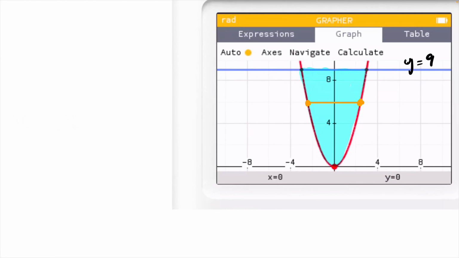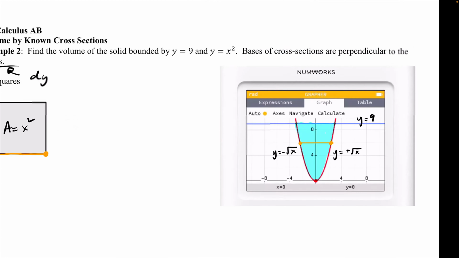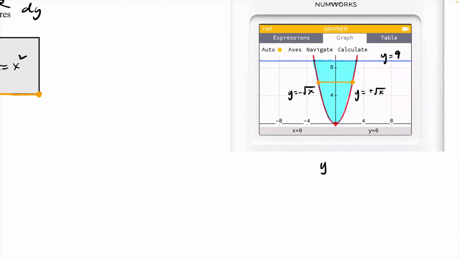So we have the positive square root of y and the negative square root of y. I got that by doing y equals x squared, took the square root, x equals plus or minus the square root of y, right? Yes, I did it.